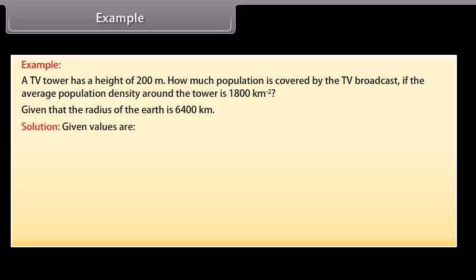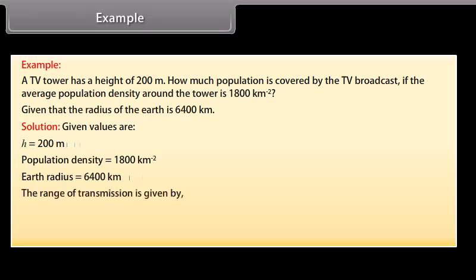Let's see the solution. Given values: h is equal to 200 meters, population density is equal to 1800 per kilometer squared, Earth radius is equal to 6400 kilometers.